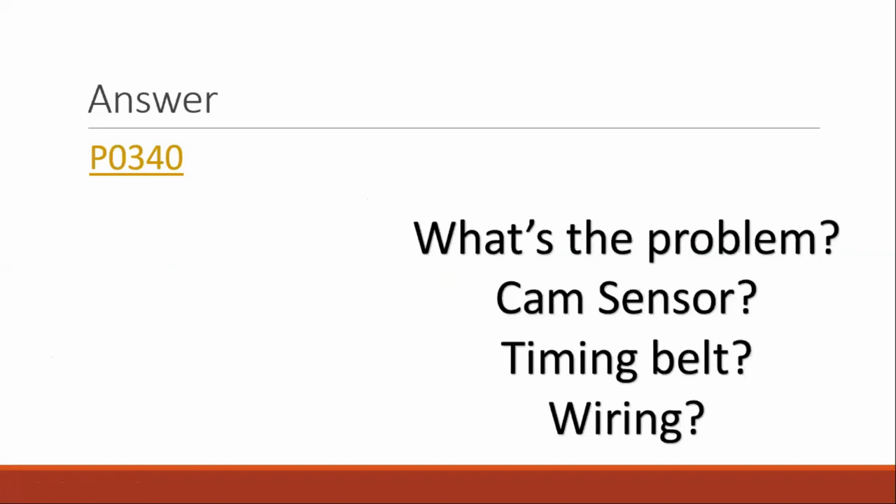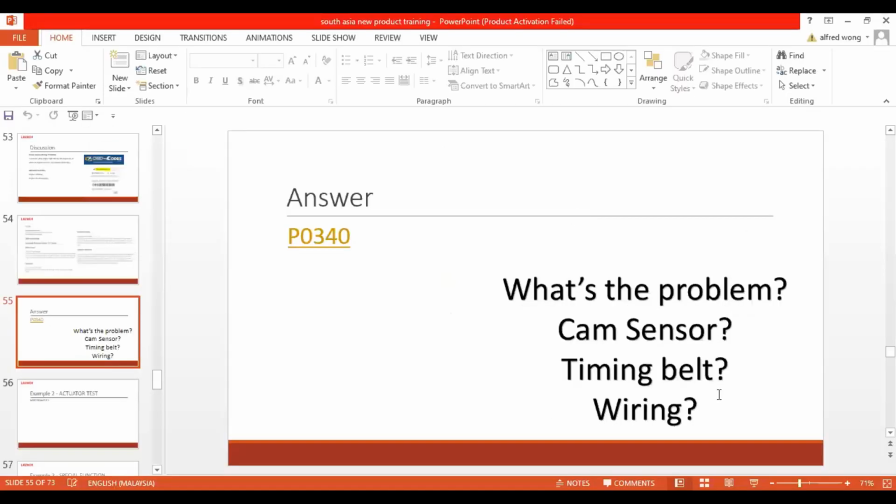Okay, so I will show this video because this is a video for the operation of the X-431 Pro. Okay, so this is a Pro operation. I will share this video.